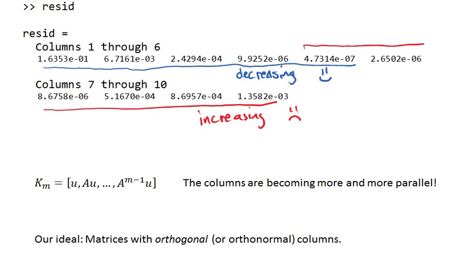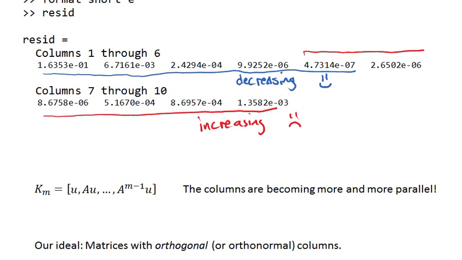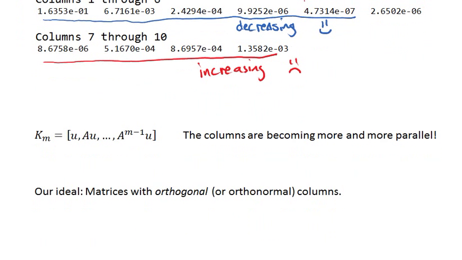Well, there's a simple explanation, and it is tied to those warnings that we were getting. So, again, think back to the power iteration. We do know that A to the m times u converges to a multiple of the dominant eigenvector.